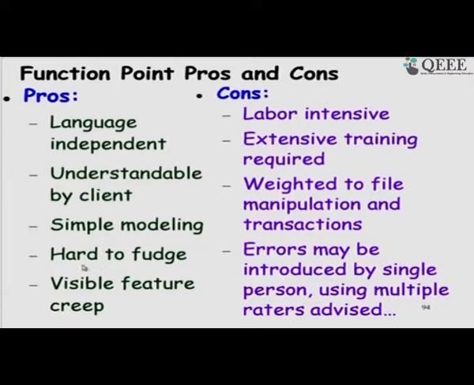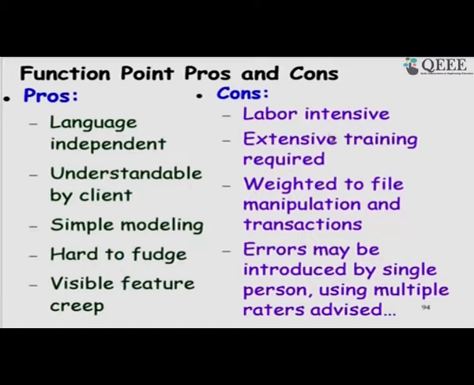So, it is hard to do very rough guesswork here. There will be more or less agreement on the result. It cannot be like somebody guessing 1000 function points and another person guessing 100 function points, whereas in lines of code that can happen.